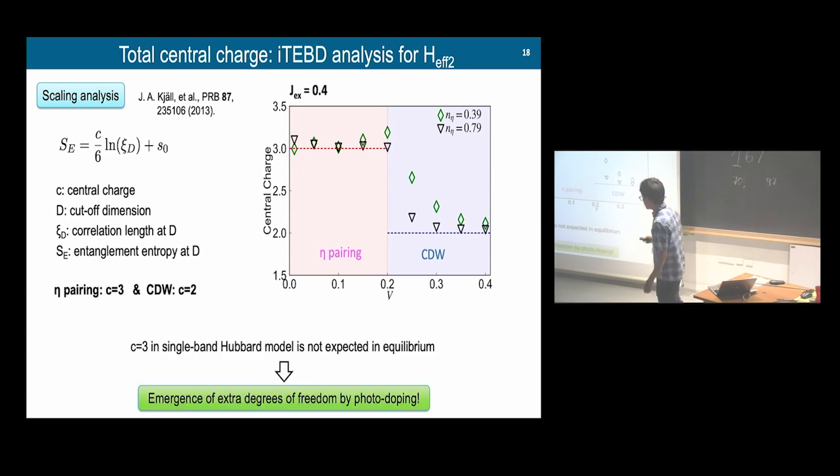So when we have C equal to 3, it's a bit interesting because in the case of equilibrium, we only have C equal to 2 at maximum. But in the photodoped system, we have C equal to 3. This is because we are inducing new degrees of freedom, which is a characteristic type of the charge carriers, into the system, and that leads to an intriguing property of the system. So that's one message.